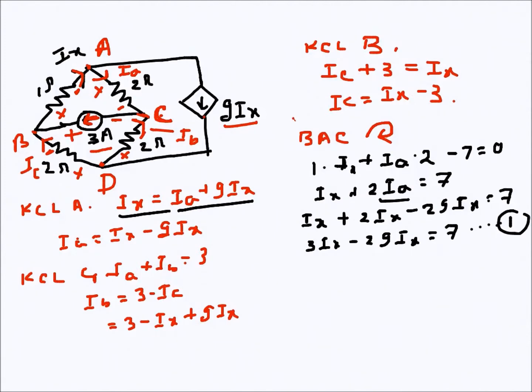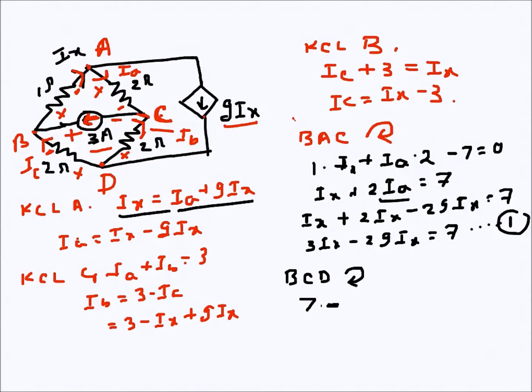Another equation we can write similarly for loop BCD, again in clockwise direction, KVL. So now going from B to C, this is a drop of 7 volts, so let's write it as a plus here. Then C to D, that's a rise, so basically it will become a negative now.